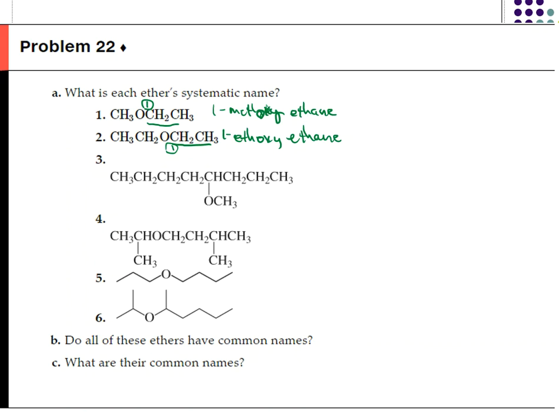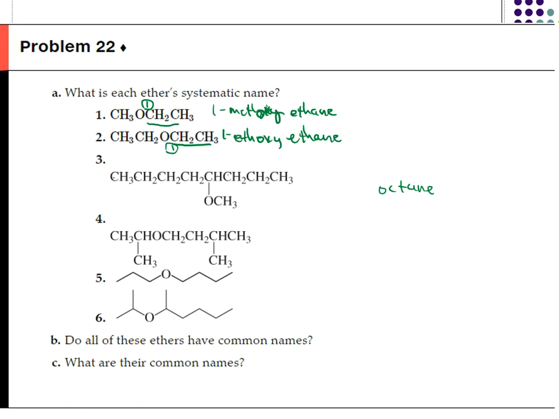All right, number 3, longest carbon chain here. 1, 2, 3, 4, 5, 6, 7, 8. It goes all the way across. So this is going to be an octane. All right, so that octane here is going to be numbered, and I need to number it closest to the end with the OCH3 group.